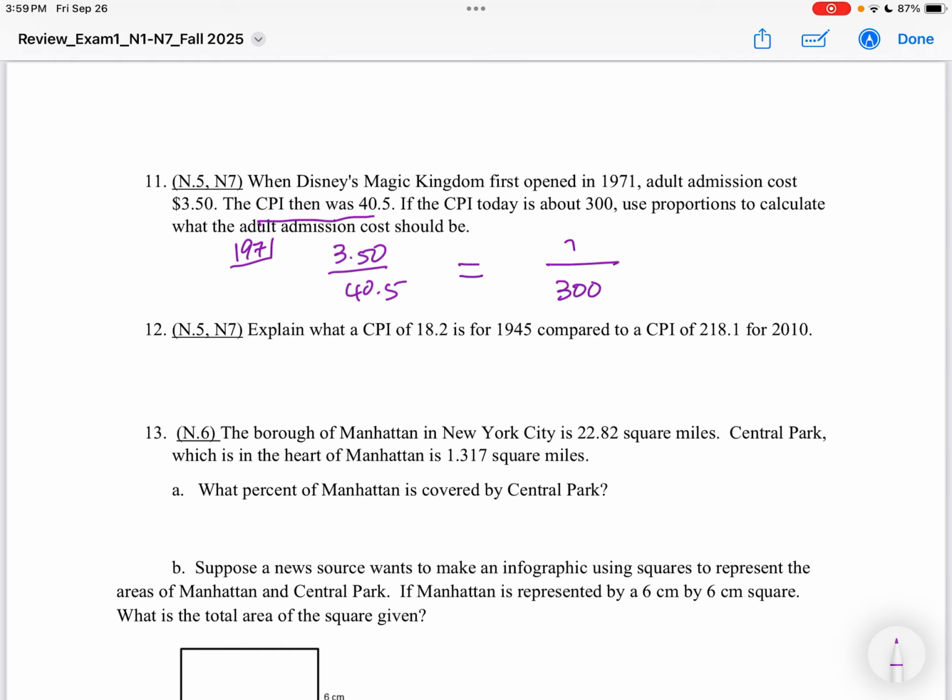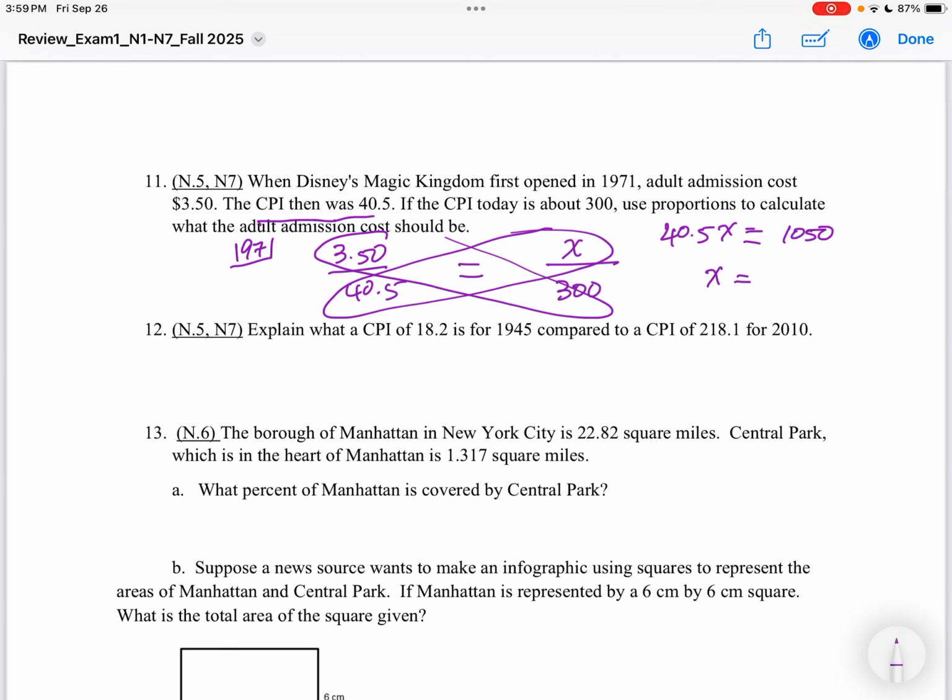What is the admission cost? So solve this, cross multiply. You have 40.5x equals, when you multiply those two numbers, you should get 1,050. Divide by 40.5, and you get $25.93, which, by the way, is not the admission cost. They charge a lot more.